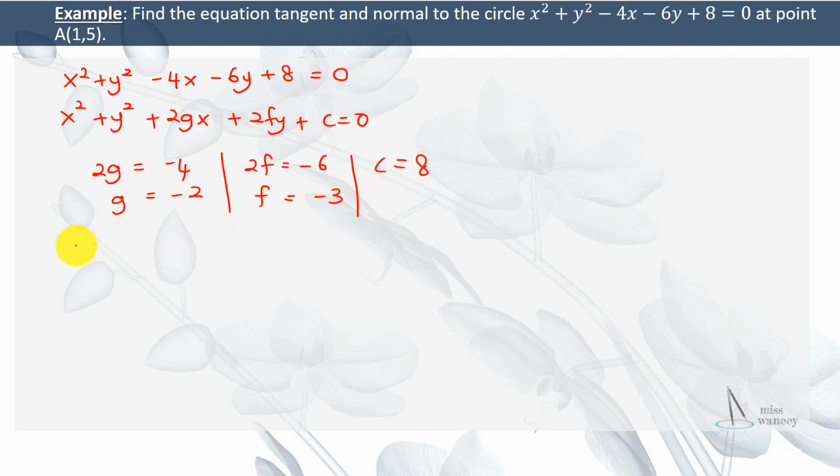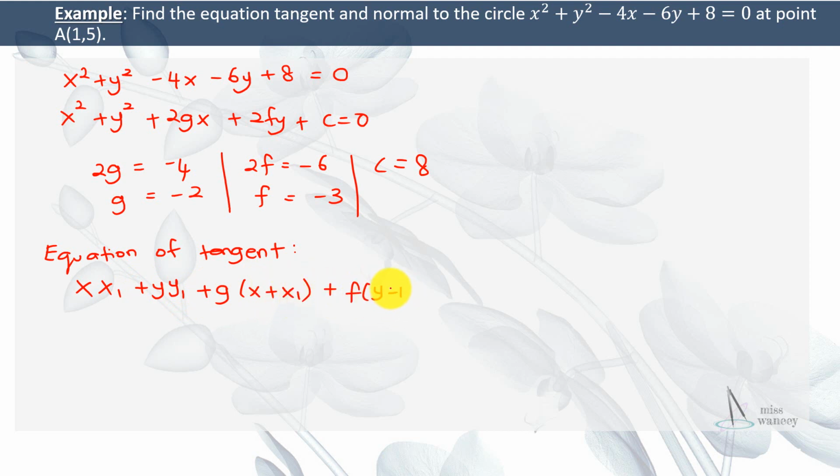Now, to get the equation of the tangent, since point A(1, 5) is exactly on this circle, we can use the formula x x1 plus y y1 plus g(x plus x1) plus f(y plus y1) plus c equal to 0. How do we know whether this point lies on the circle or not?